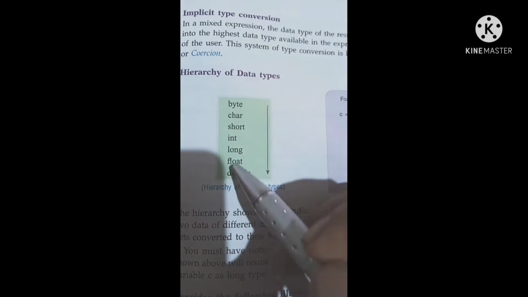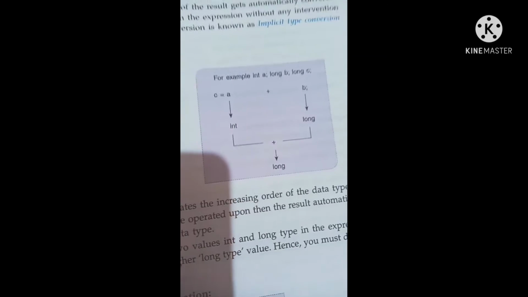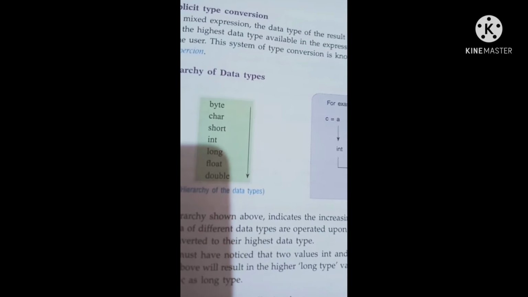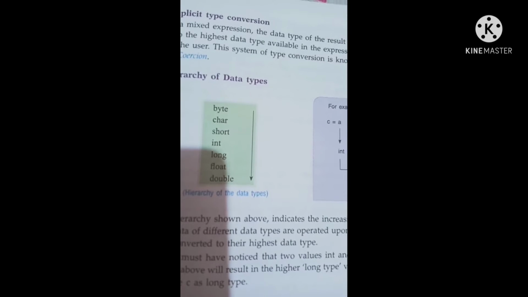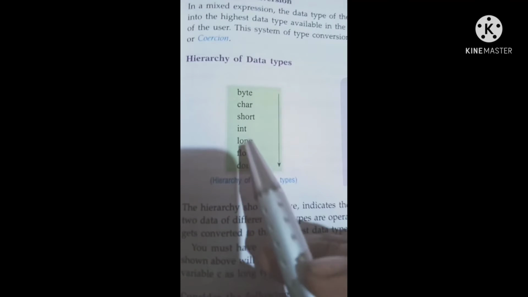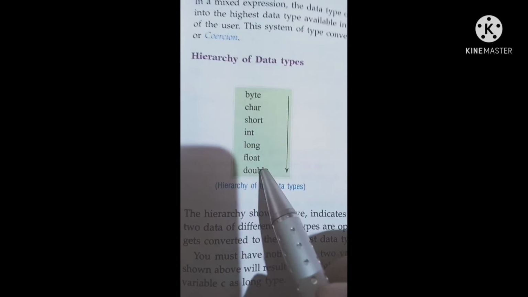That is called the hierarchy of data types, and this is called implicit data type conversion. Automatically it will convert the expression or statement into the highest data type.